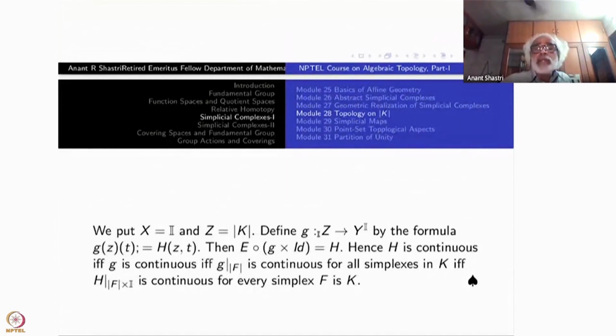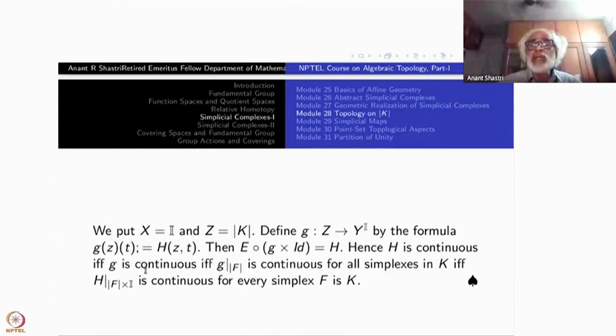Then you can define G from mod K to Y raised to I. Y is an arbitrary space. By the formula, G of z must be a function from I to Y given by H of (z, t). Remember, H is given from mod K cross I to Y, so the first coordinate is in mod K and the second coordinate is in I. Then E composite G cross identity will be precisely H. That is the definition. Hence, H is continuous if and only if G is continuous, by the exponential correspondence.